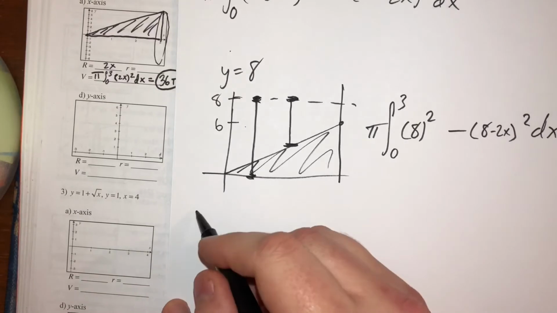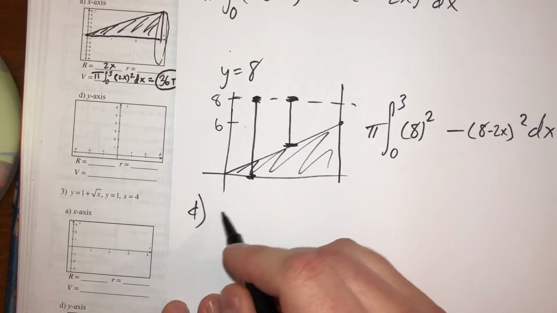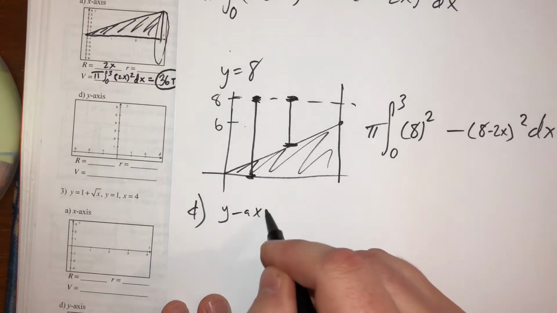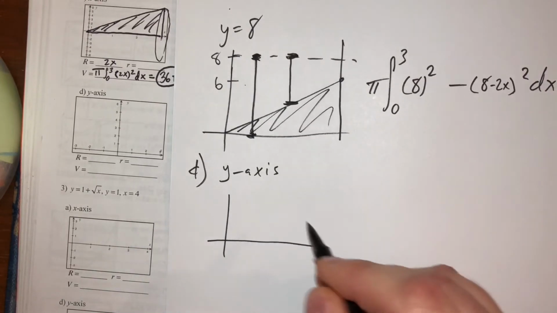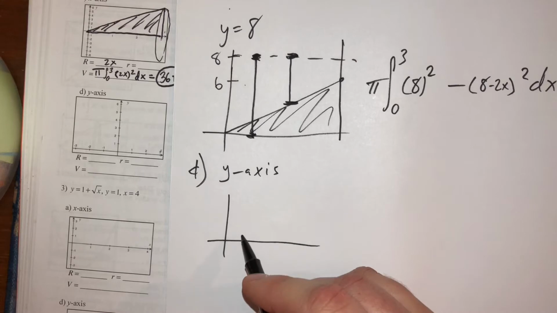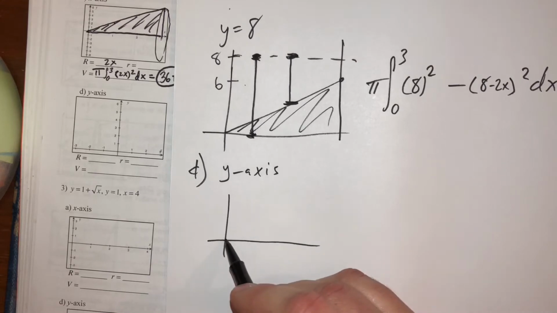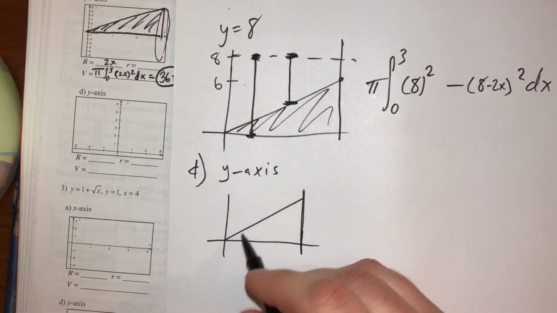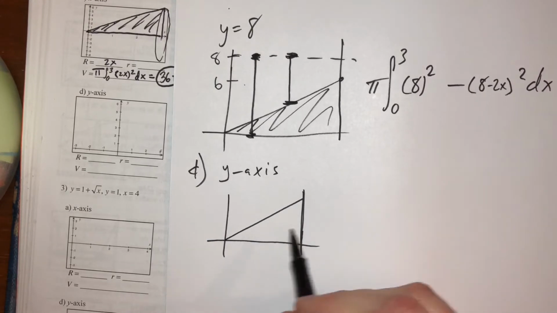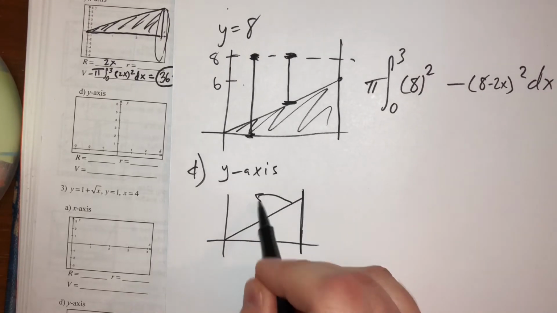But part D of this says, hey, now take it and go around the y-axis. And so now we have to be careful. Anytime we change the direction that we're rotating, stuff gets real. It's not that intense. All right, so we have this region, right? And now we're rotating it this way.